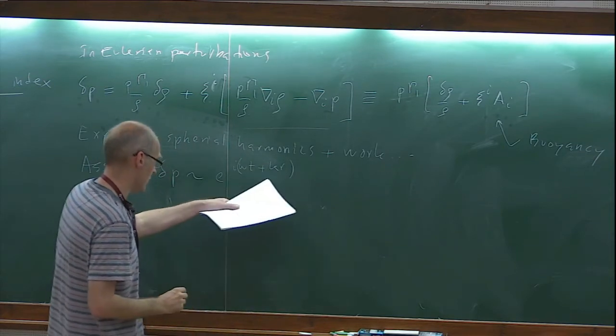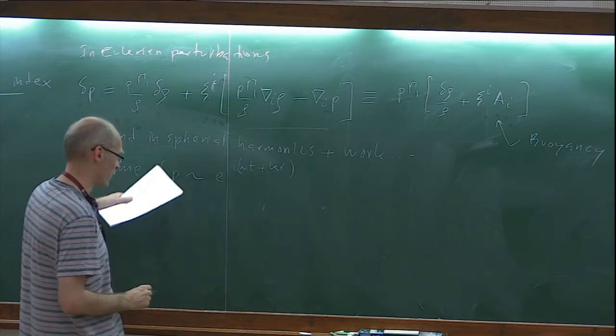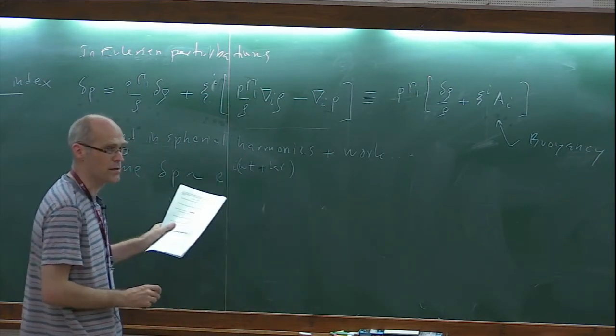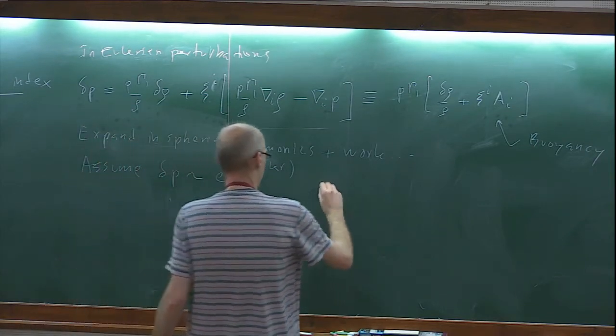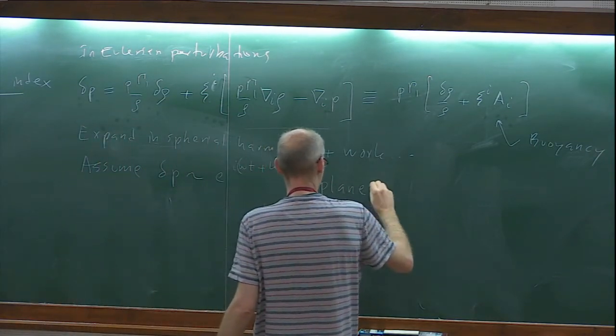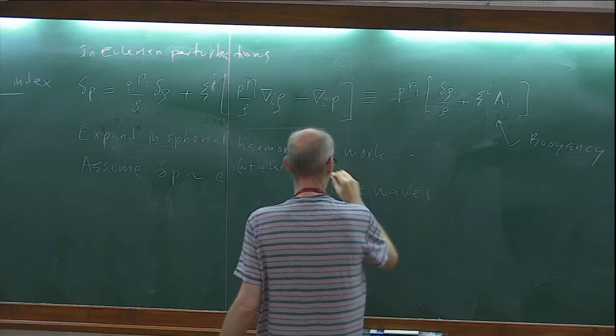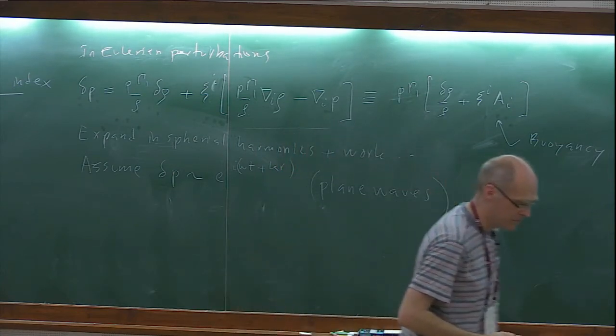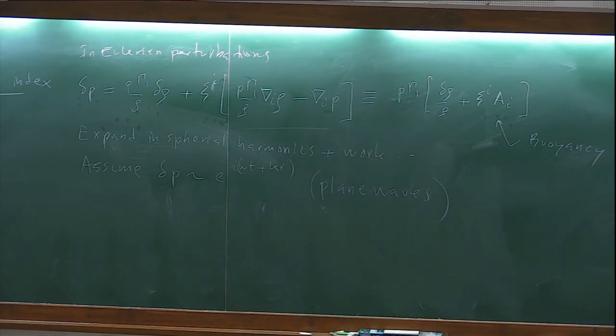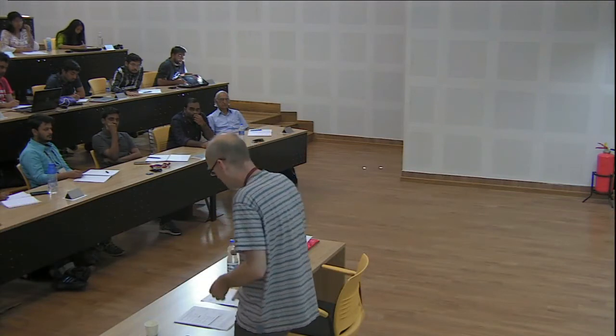So that is an assumption that allows me to, whenever I've got radial derivatives, just drop them, okay? So I'm never integrating this. It's called the plane wave assumption. So what I'm doing is I'm not calculating the modes, I'm just looking locally what happens, how do waves propagate locally, okay?